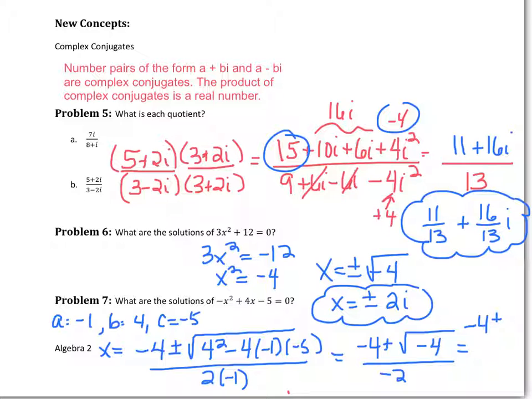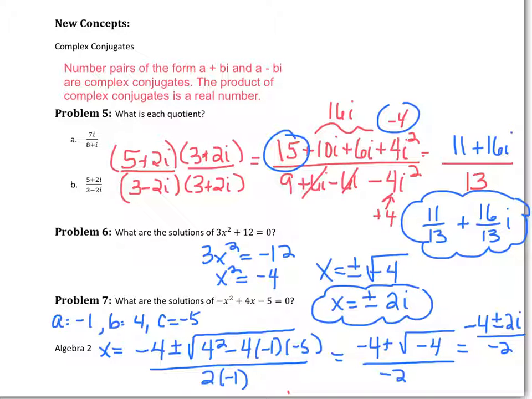So we get negative 4 plus or minus 2i, all divided by negative 2, and then 2 and 4 are multiples of 2, so let's take a factor of 2 out, leaving me with negative 2 plus or minus i, all divided by negative 1. I just divided everything by negative 2.